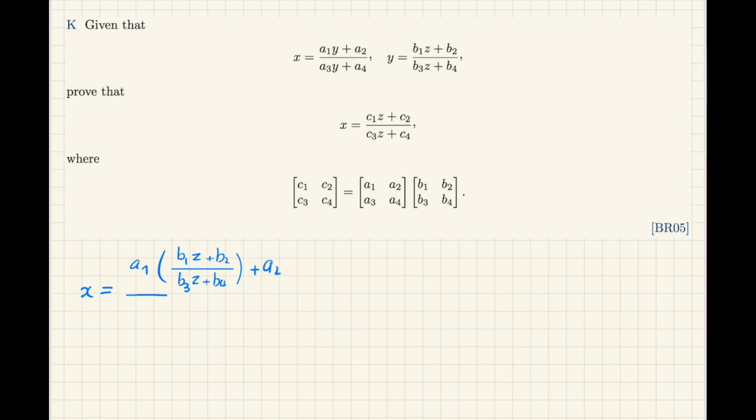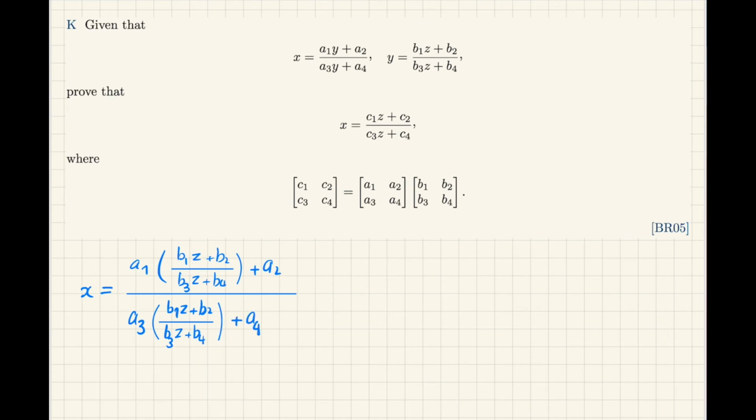And then below this I will do the same thing, but I have a3 this time multiplied by the same expression, b1z plus b2 divided by b3z plus b4, and then after that you see that I have an a4 there.